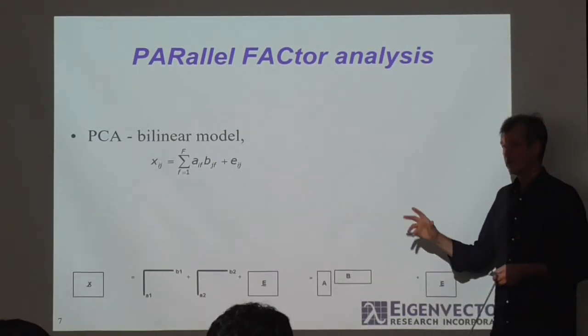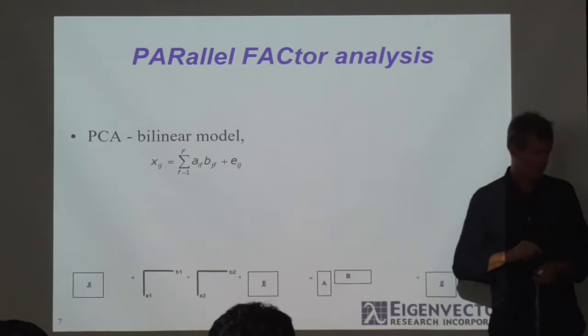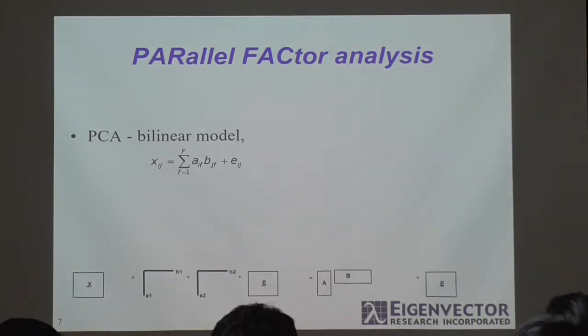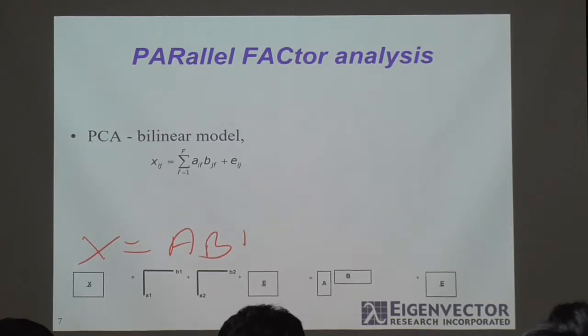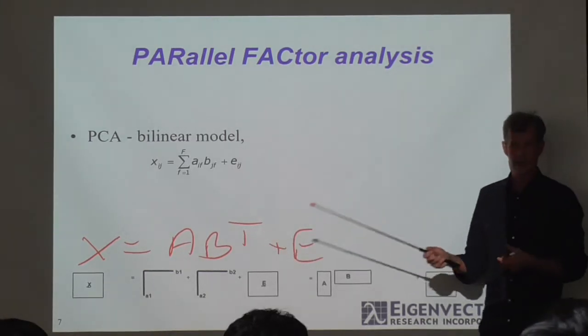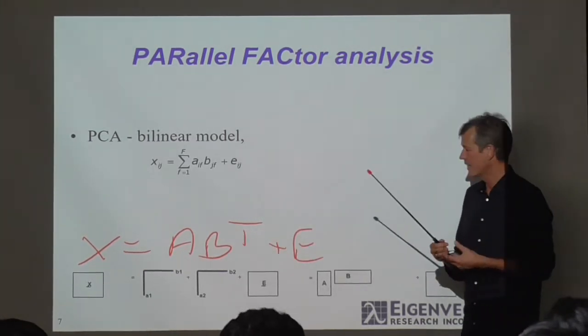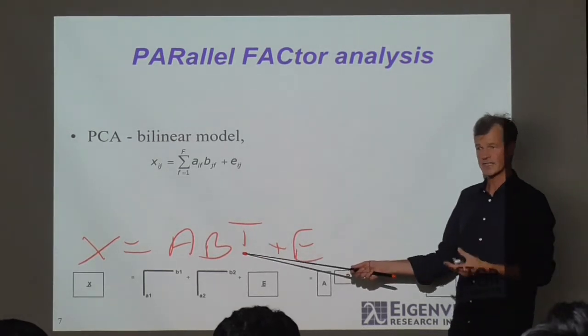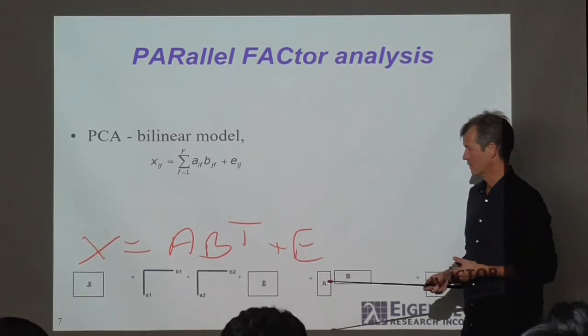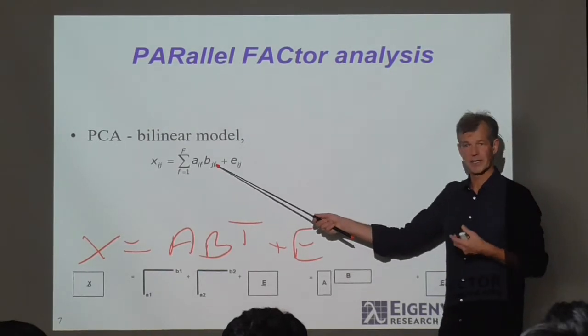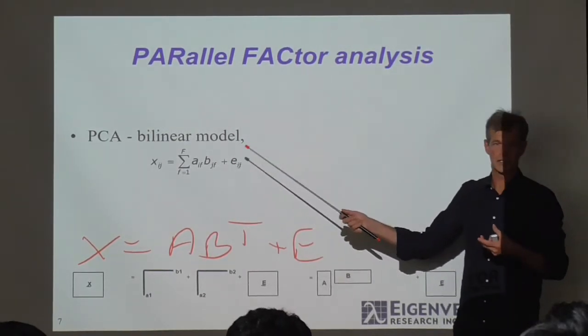Now, as I told you, there's no nice notation for three-way arrays, and that makes it a little bit complicated. Because normally, I would write the PCA model with matrices like this. This is the notation that most people that work with PCA are familiar with. But I cannot extend that to three-way arrays. So instead, I've written it here in the scalar notation, and it's not very intuitive.